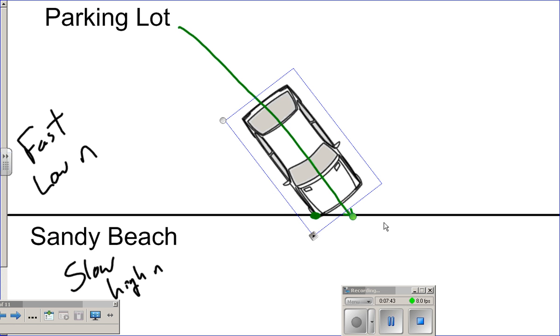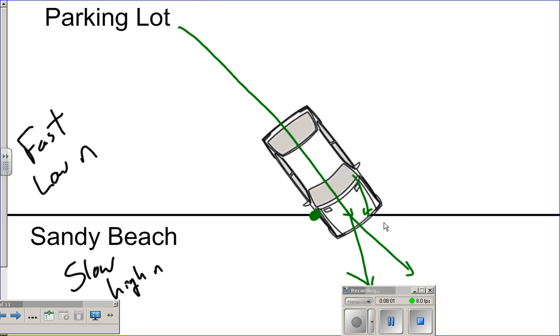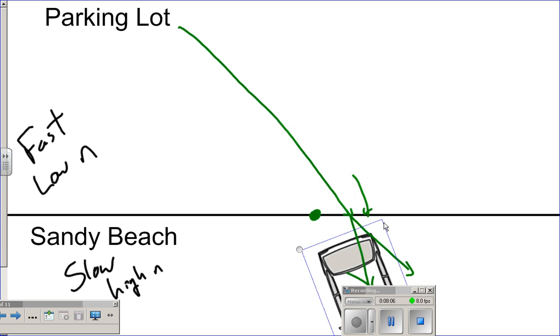Basically this corner of the car slows down and the other keeps going faster, and it causes the car to pivot so that instead of just going straight through this way, it bends and goes this way. So the car is going to go this way, then when it hits the sand, it turns and goes this way. All right, light refracts for the same reason.